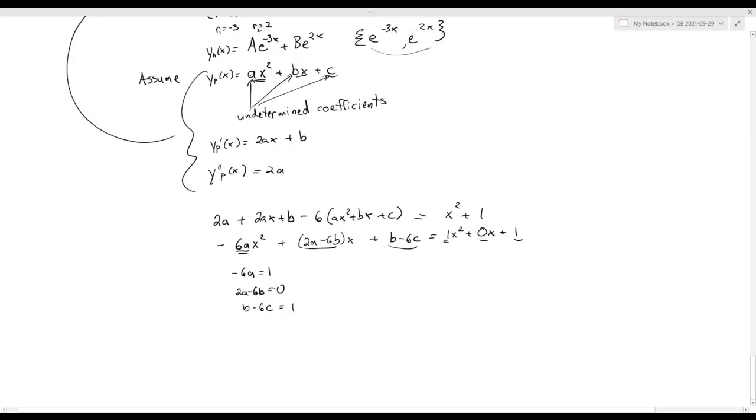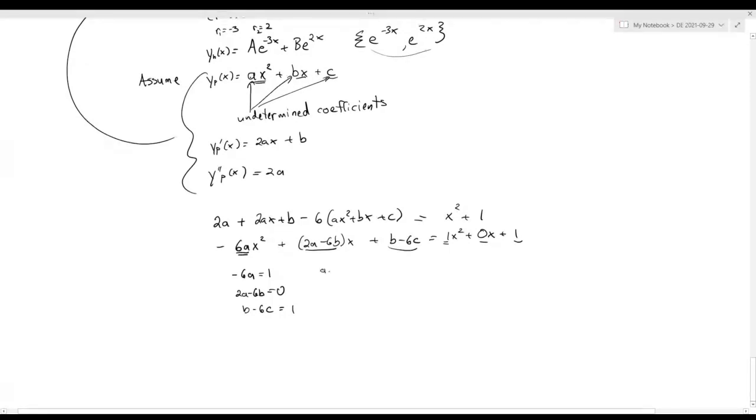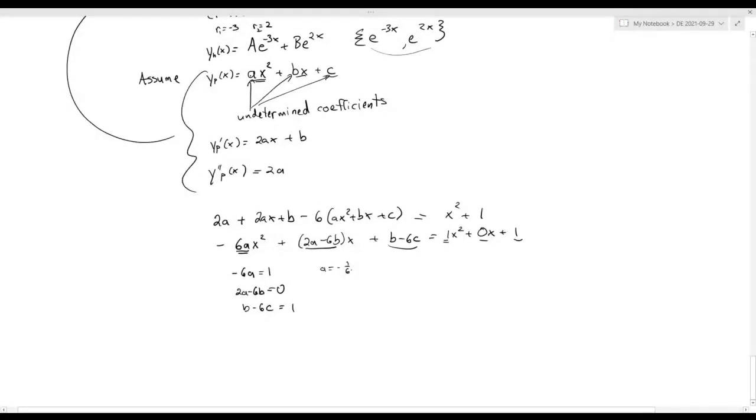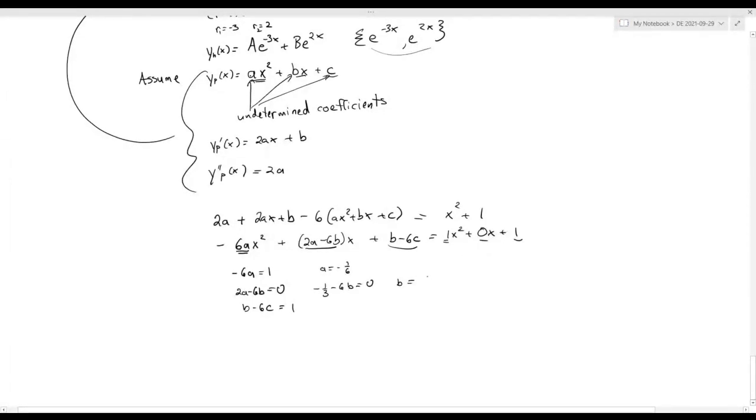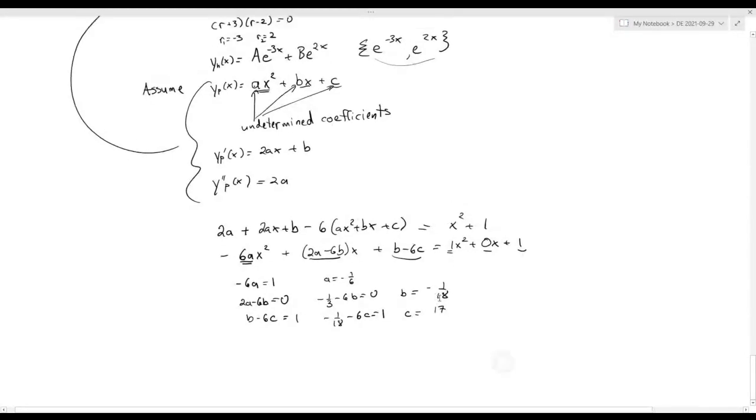It's a linear system, so I'm not going to bother using something fancy like matrices. I see that A is -1/6. So from the second equation, we see that B would be negative 1/18th, and if B is negative 1/18th, then C will be, let's see, 17 over 8. Sorry, 19 over 18 divided by negative 6.